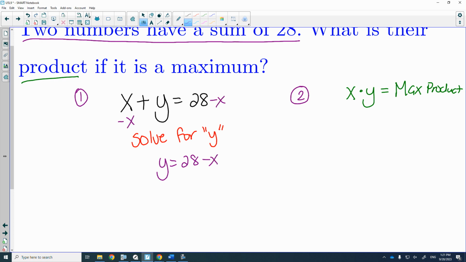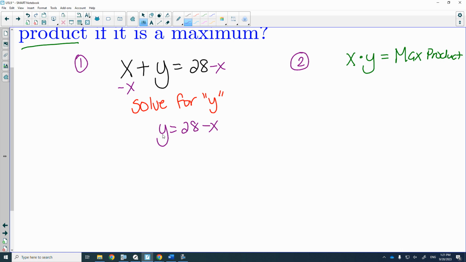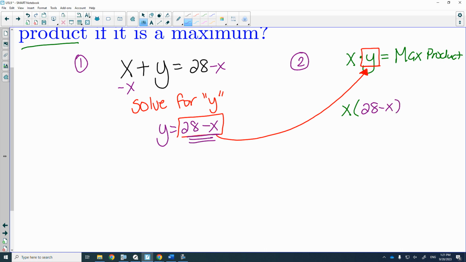Okay, systems of equations means you solve for a letter, and I just solve for y. So over here, that's what I just solved for. We're going to take what we say y is equal to, and we're going to input it into here. It's a method called substitution. So I've got x times y, and y I said is 28 minus x. And that's going to equal this max product.